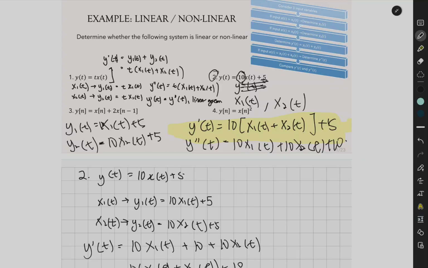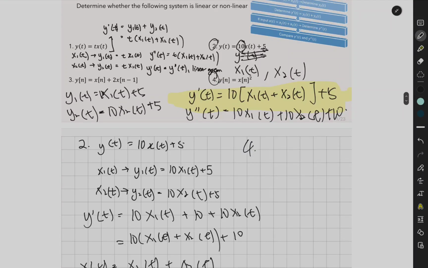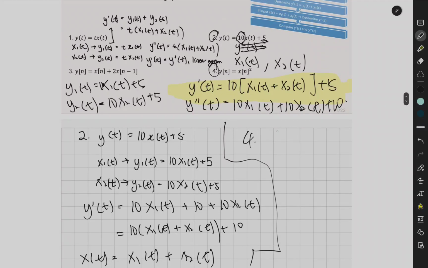Okay, so let's look at question 4 so that we can generalize whether a square will affect the linearity or not. Let's insert x1n plus x2n into xn.